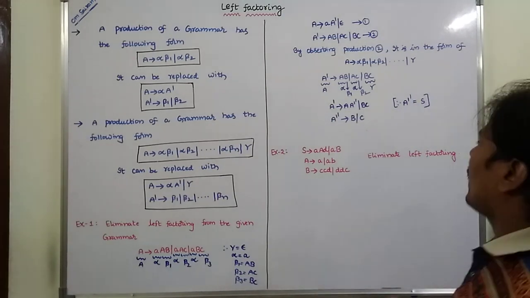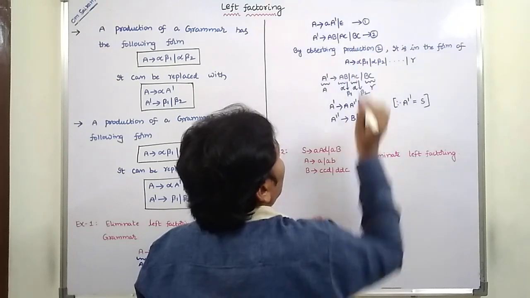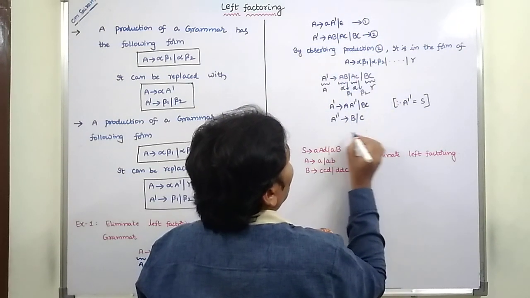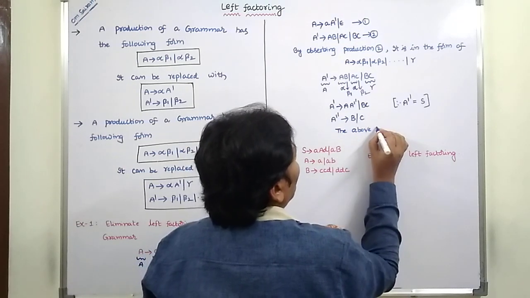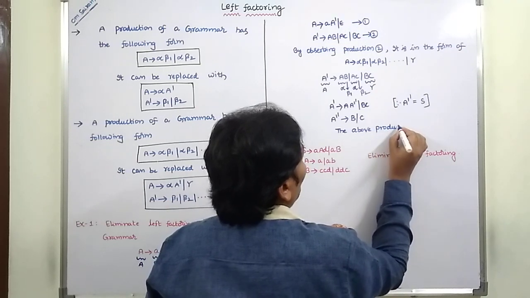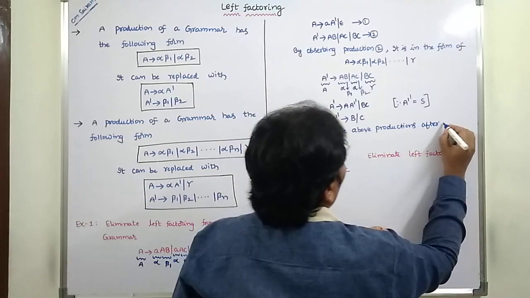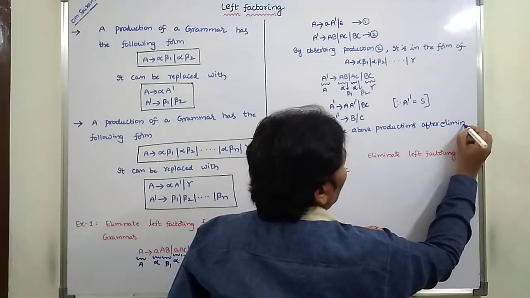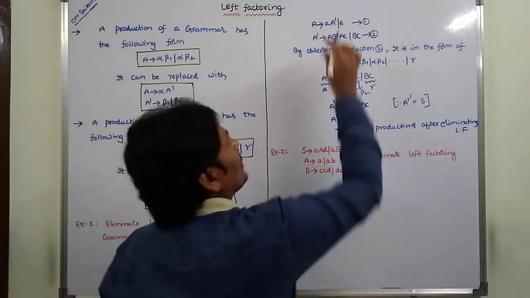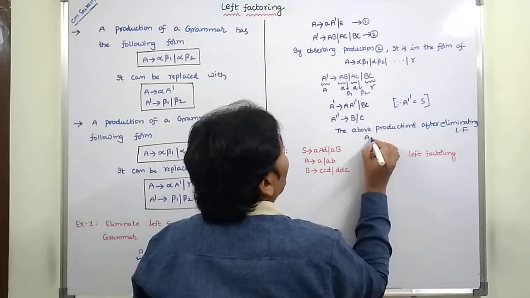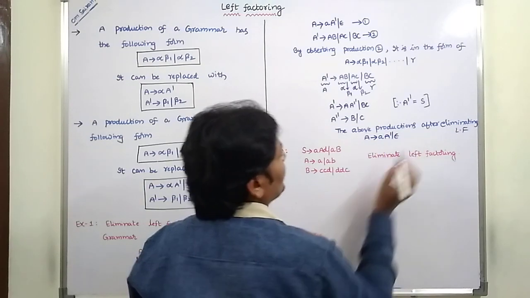So now the above productions, after eliminating left factoring, can be written as follows. So this production is same: A tends to A dash by epsilon.